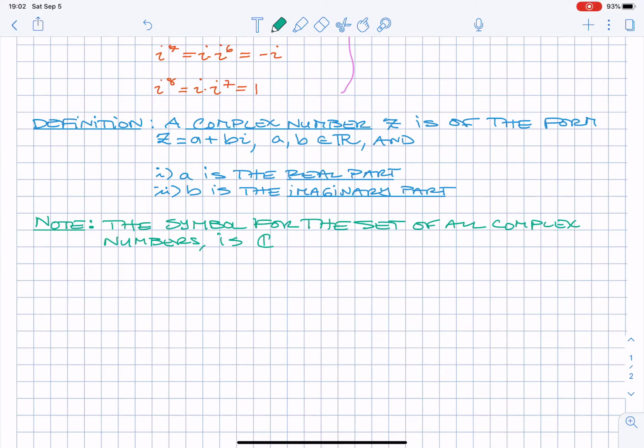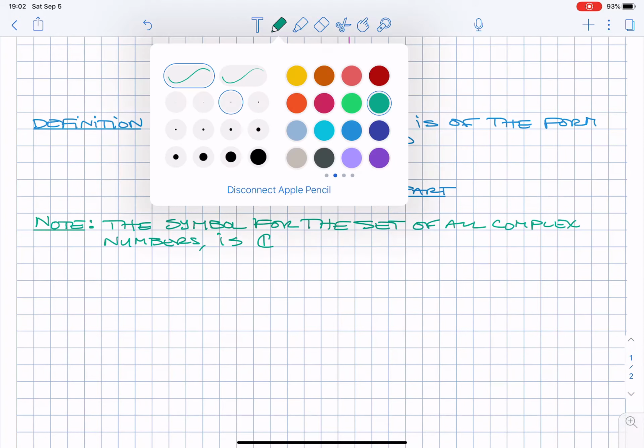So that's the math symbology for the complex numbers.